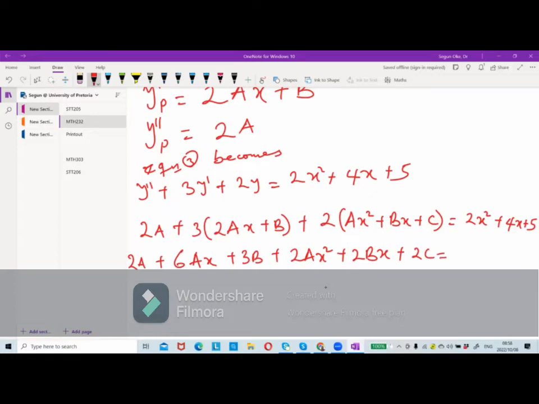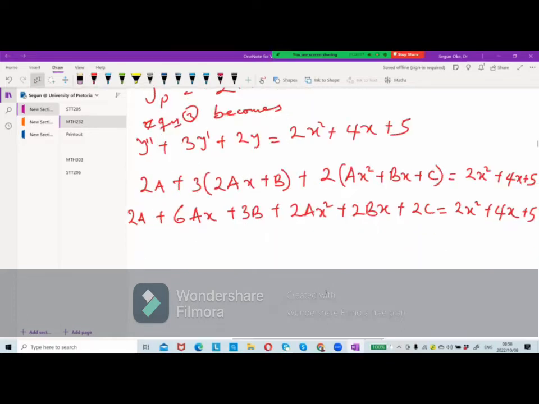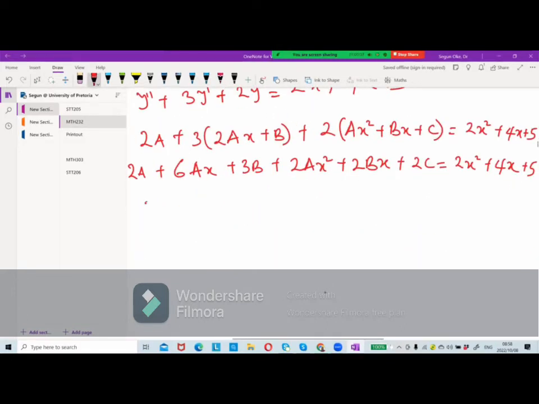Now everything equals to g of x. Now what you need to do is you have to be careful here. Collect the like terms. The ones that have x squared, let them be together. All the values that have x, let them be together. All the values that don't have x, which is constant, let them be together. So that's what we're going to do now. 2a has x squared. Which one has ordinary x?